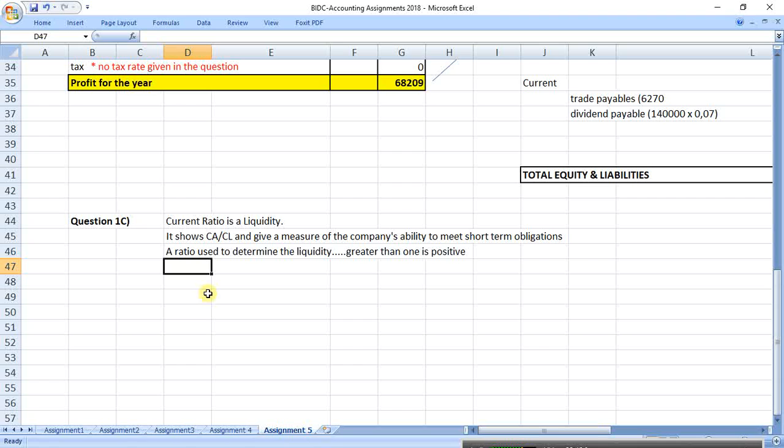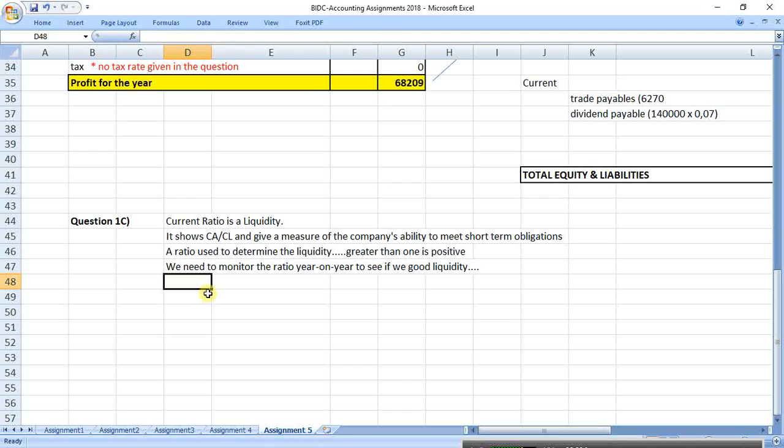Maybe importance, you could also say we need to monitor the ratio year on year to see if we still have liquidity, or if we still have good liquidity maybe. Okay, I think that's it.